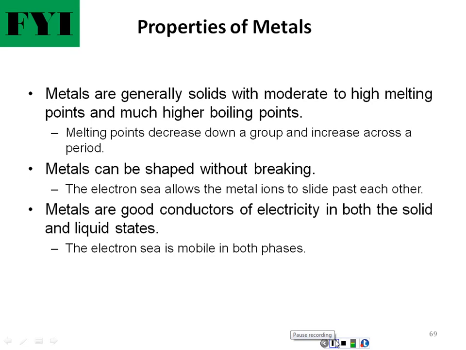Metals are good conductors of electricity and of heat. But they conduct electricity both in the solid and liquid state. And this is because the electron sea is mobile in both phases. And like I just said, the metals are really good conductors of heat as well as electricity.